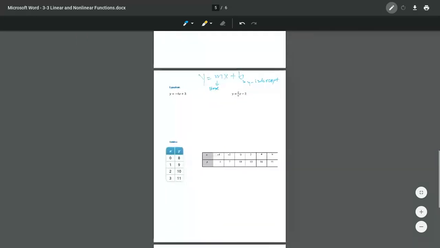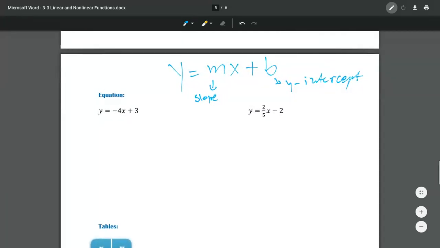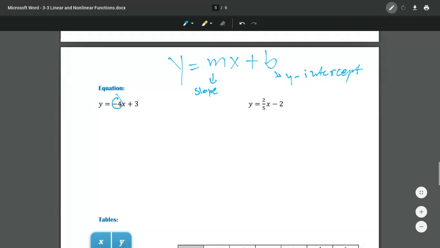So looking at these equations, the number attached to the x is the slope. So in this case, m is -4. So the constant rate of change is -4. And b, the y-intercept or the initial value, is 3.